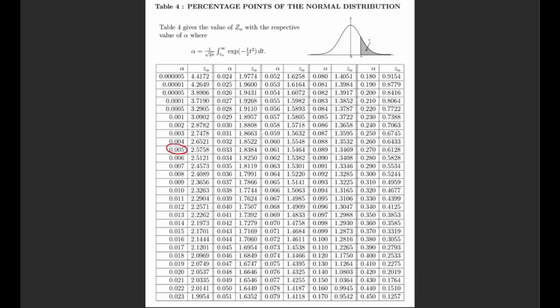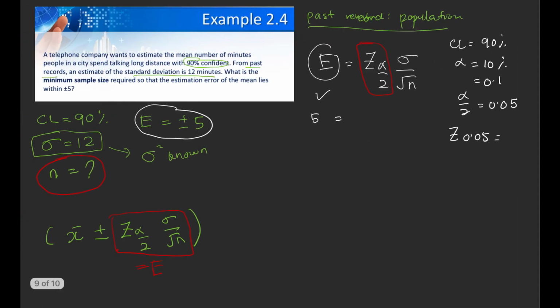Oh, sorry, this one is alpha 0.005. Sorry. So again, alpha 0.05 here. Okay, and the z alpha is 1.6449. So here is 1.6449. So you put it back into your formula.